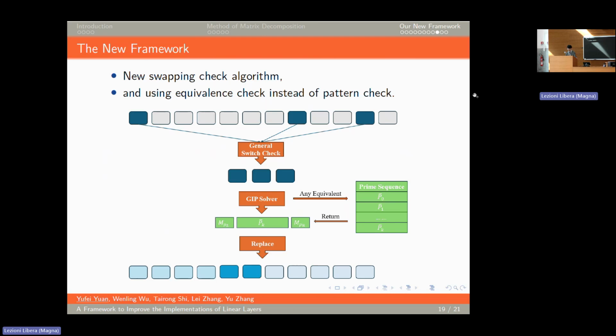As usual, we generate the initial decomposition and enumerate subsequences with length 2, 3, 4, and so on. We pass them to the GIP solver or a hash table, which will return the equivalent prime sequence and the corresponding permutation matrices, and then we finally replace them with a better implementation.